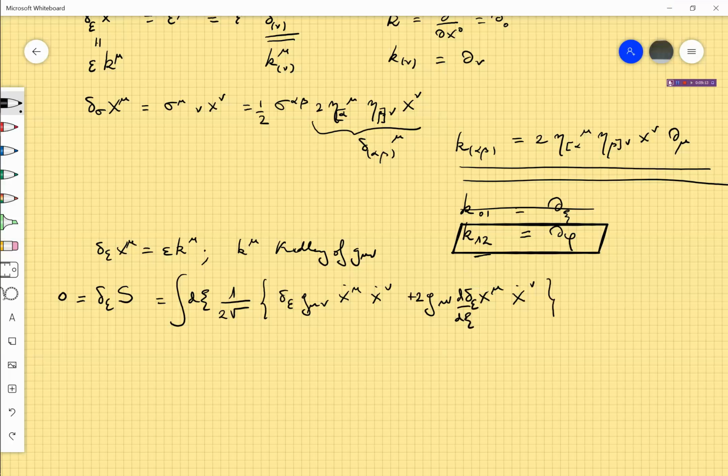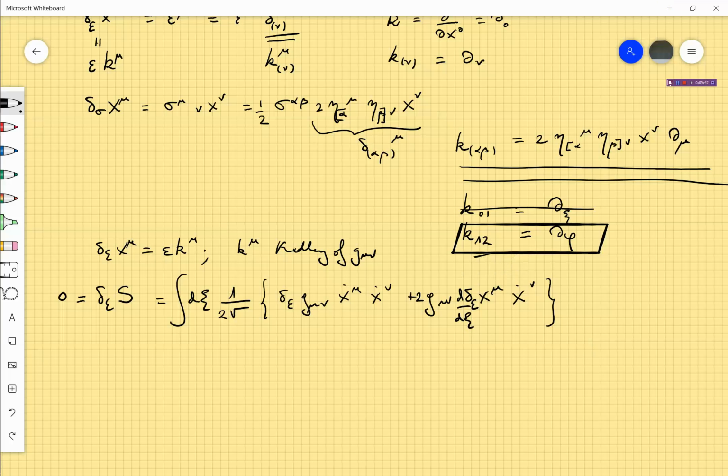And what we did before to prove that indeed this was 0, when the Killing equation is satisfied, we replaced this by epsilon k mu. Now we are not going to do that. We are just manipulating the same object in different ways to prove different results. We are using identities all the time, and if you want, tautologies, but this is how you proceed to find interesting results.